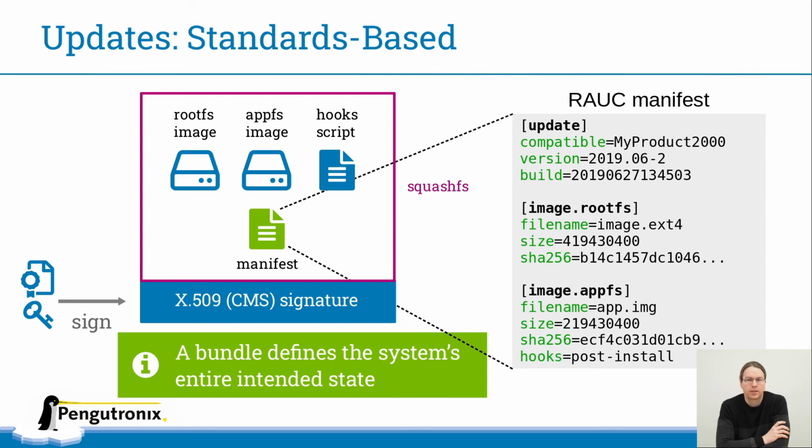So there's as little as possible custom code that needs to be maintained for that. So in many cases, the update architecture of the system does not require any customizations in RAUC, because standard A/B updates or bootloader updates are already supported in a general way.